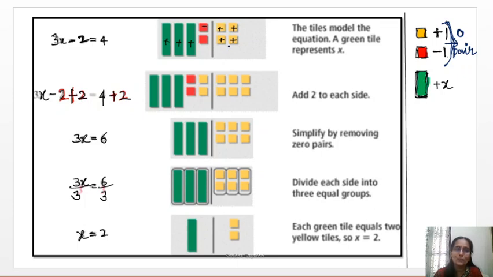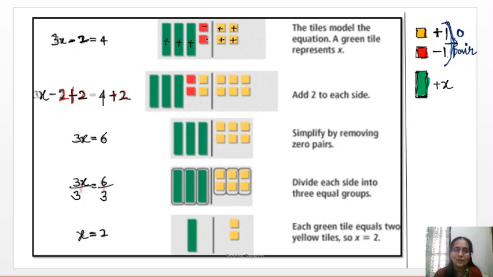Now let us model this equation in terms of these algebra tiles. We will call these algebra tiles. One strip represents 1x. There are 3 strips here, it represents 3x. Next you need minus 2. The left side of the equation is 3x minus 2.